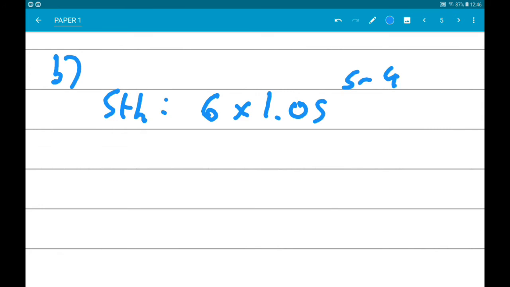And then the sixth was 6 times 1.05 to the power 2, or 6 minus 4.